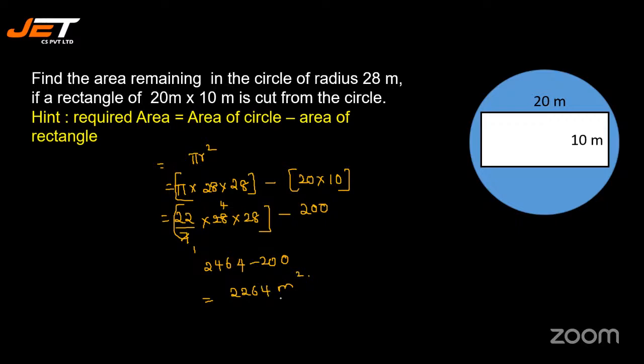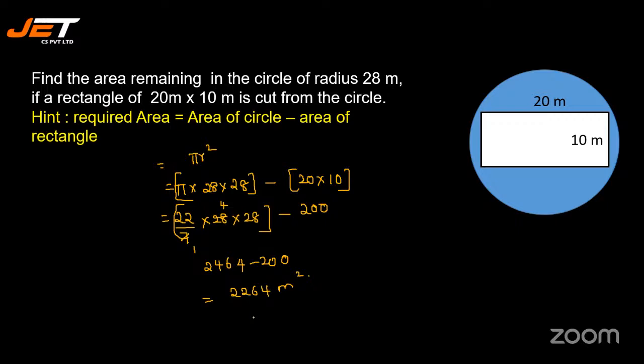Area, right? So hope you would have understood the sum. We are just taking the area of the circle, which is pi r square, minus, we are deducting the area of rectangle. Okay.